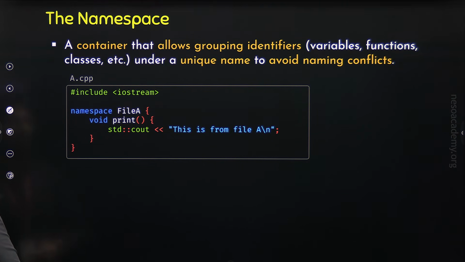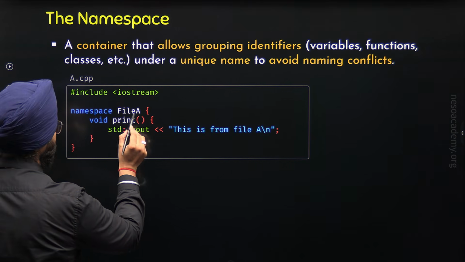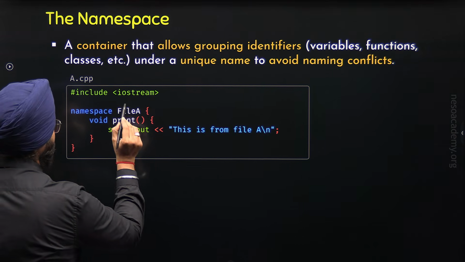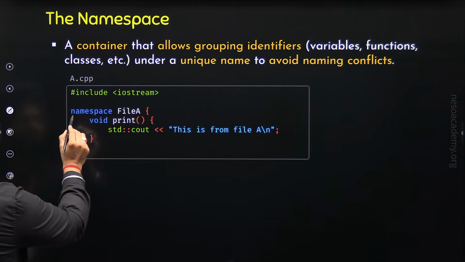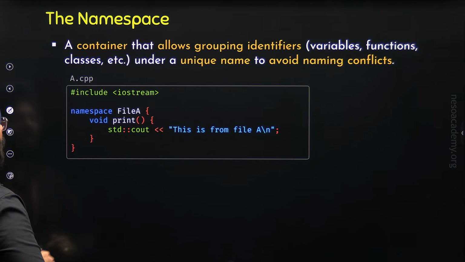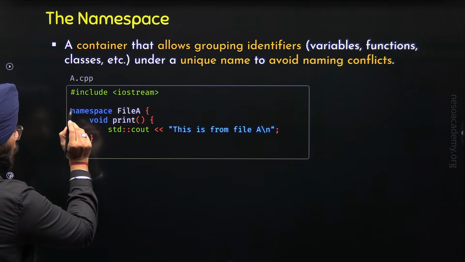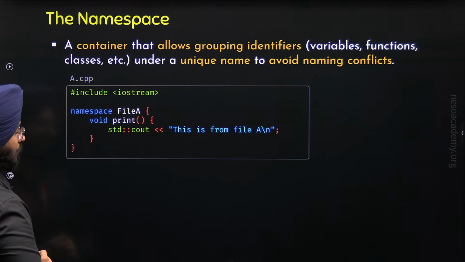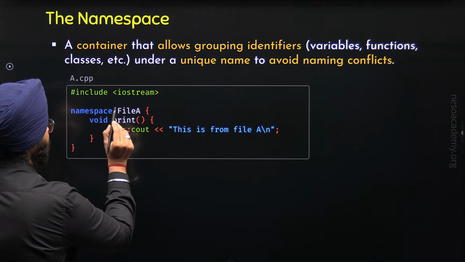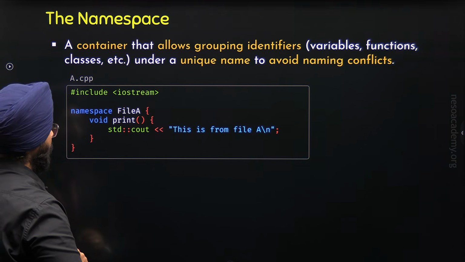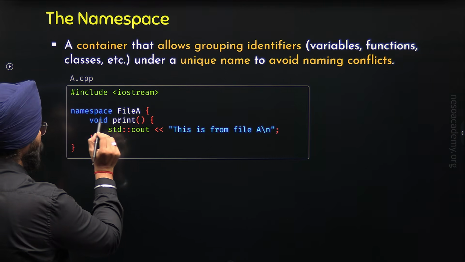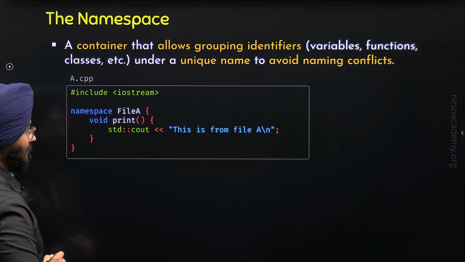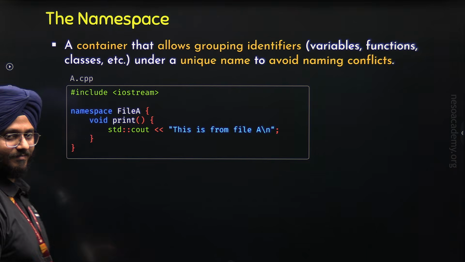Here we can observe that I have defined this namespace with the name file A. Please observe the syntax here. We first need to specify the keyword namespace. Then we need to provide the name of the namespace, which I have provided as file A. And within braces, I have included this function definition. This is the print function.